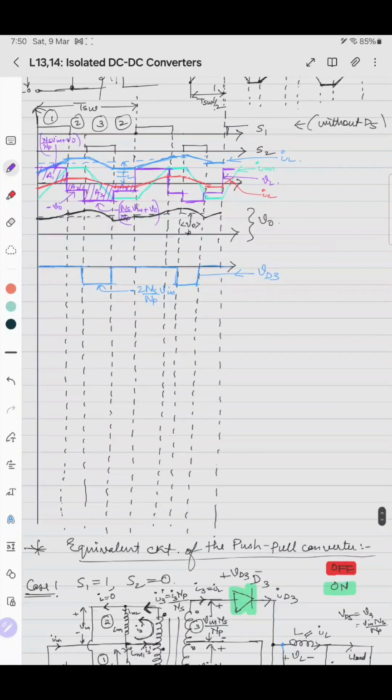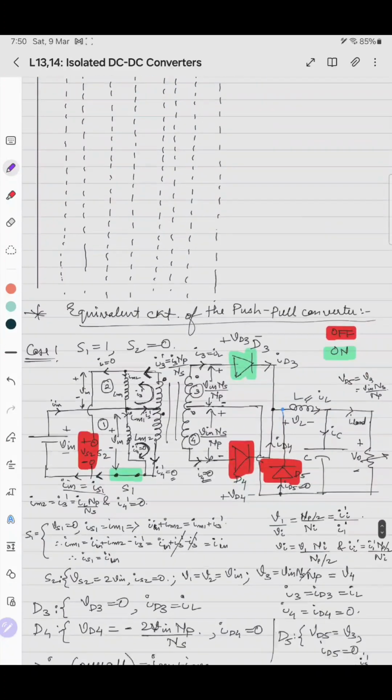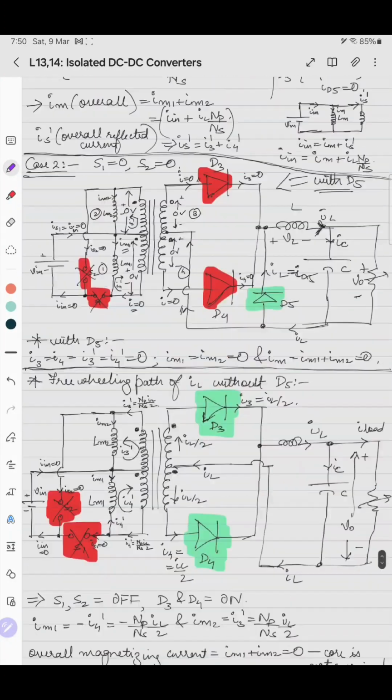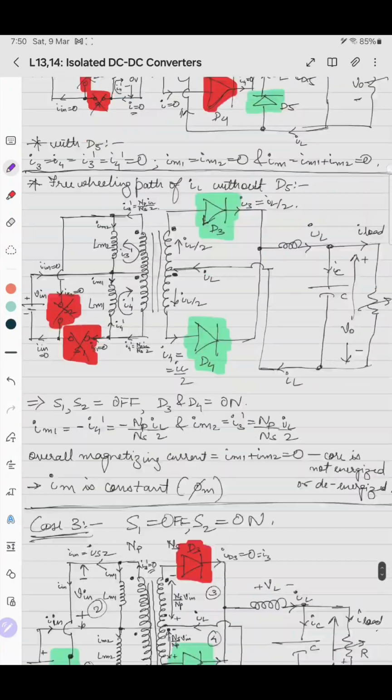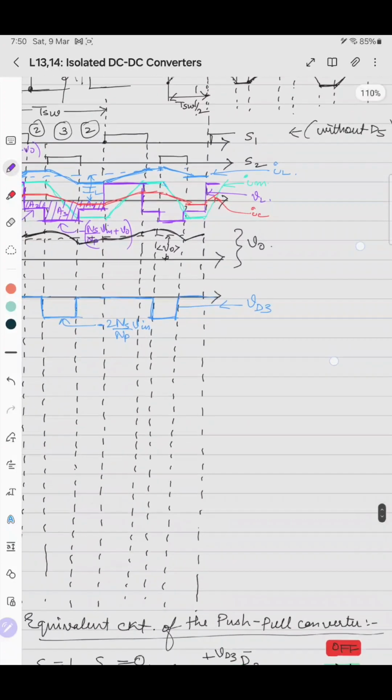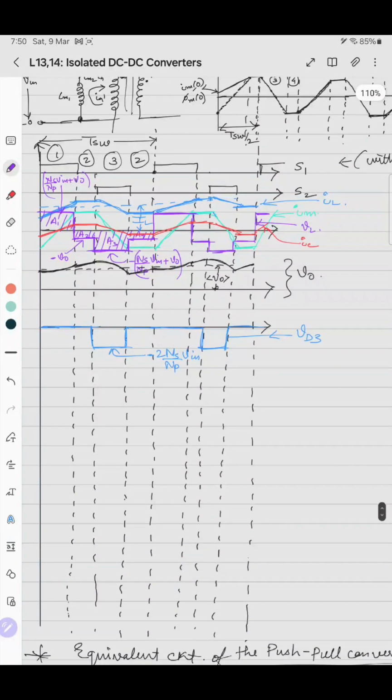We'll draw the current of the diode D3. In first case it is IL, in second case it is IL by 2, and in third case it is 0. IL by 2, 0. So what was the IL? This was the IL. So it is like this, IL, then IL by 2, but here IL is flat top, so we'll do just half of it.